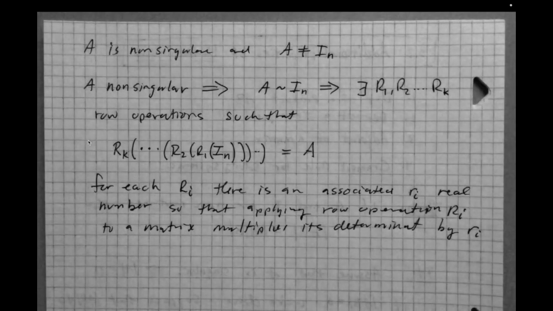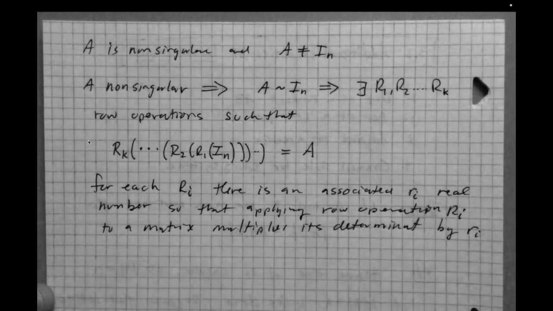Okay, so remember that? That was the main gist of the previous lecture: these row operations impact the determinant, but it's possible to keep track of the impact on the determinant.